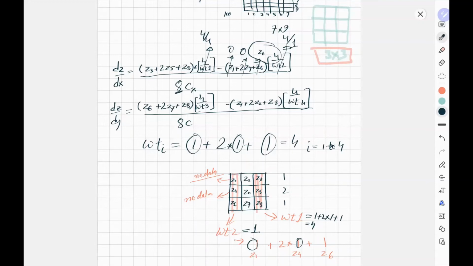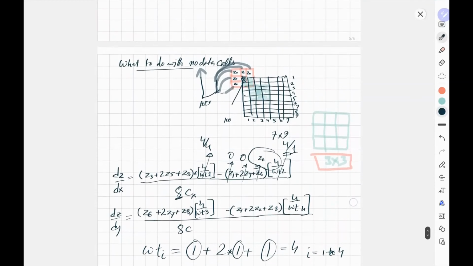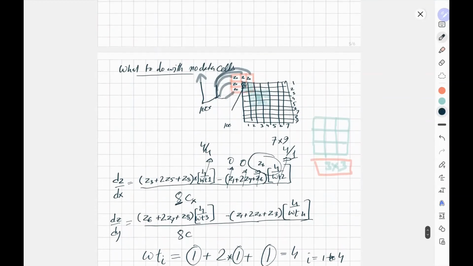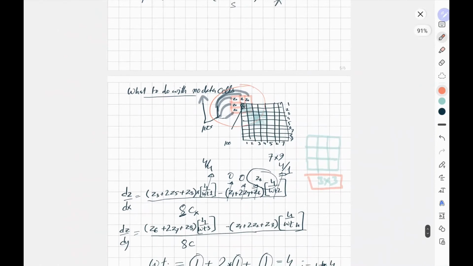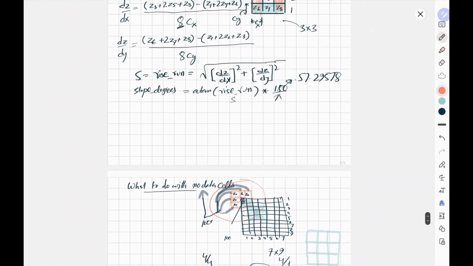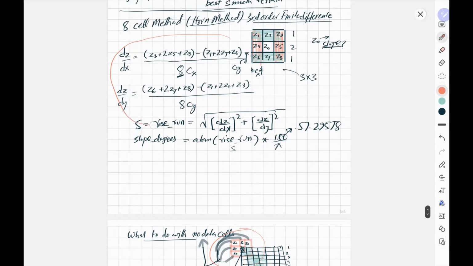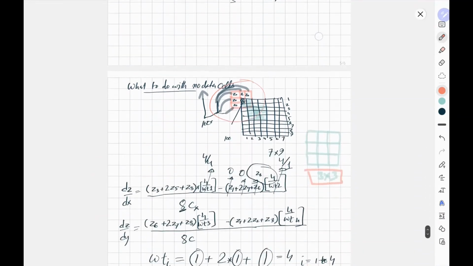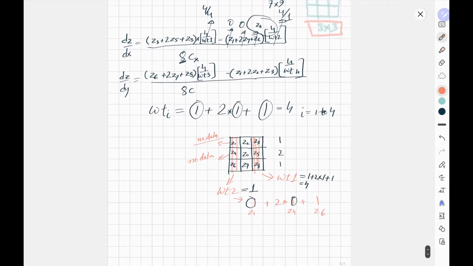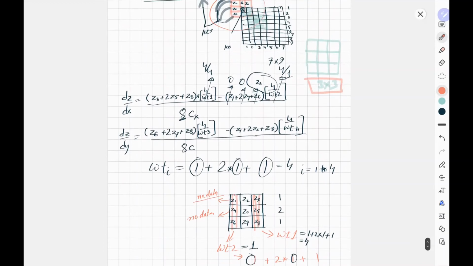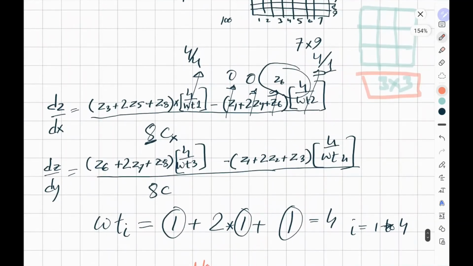So there is another way of tackling with the calculation. One way of tackling with no data is to replace the value of the center cell as I have discussed here, okay, and for that we use this formula. The other way is to use this formula with weights.